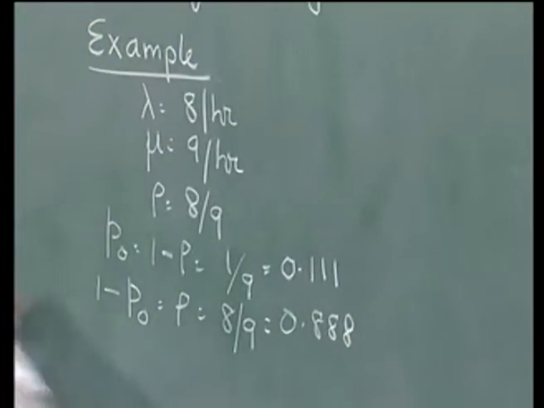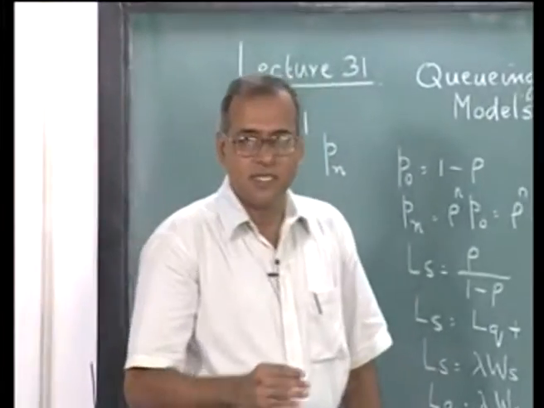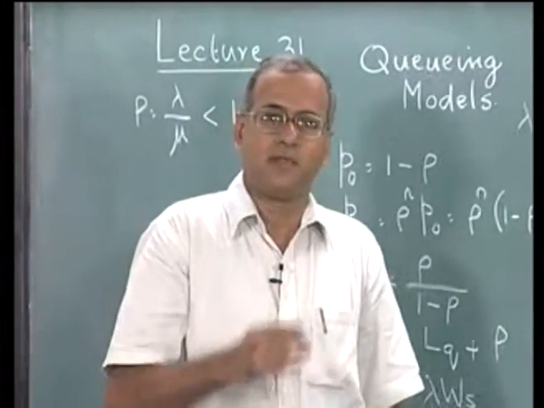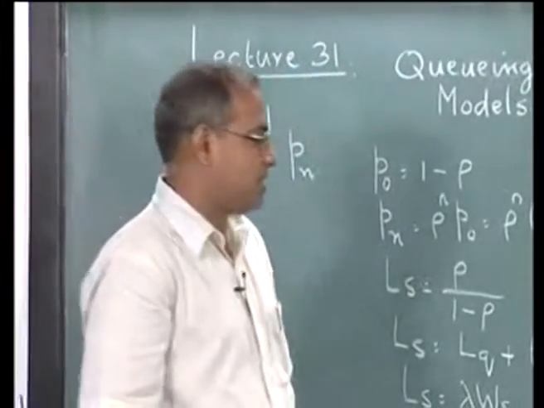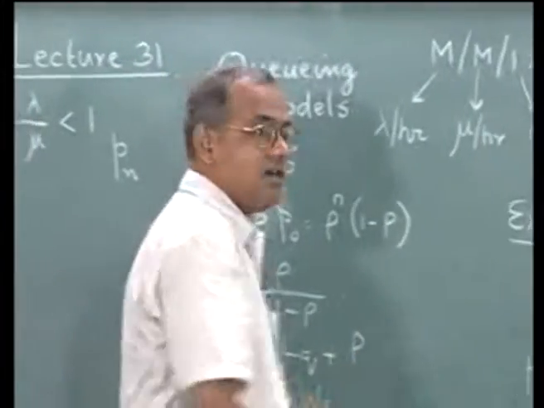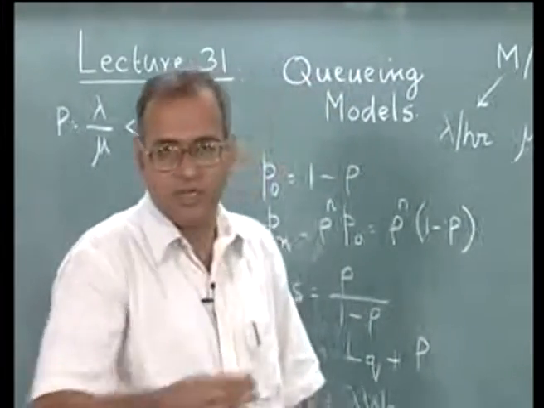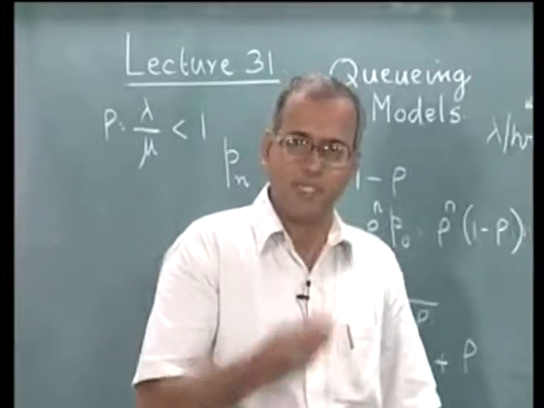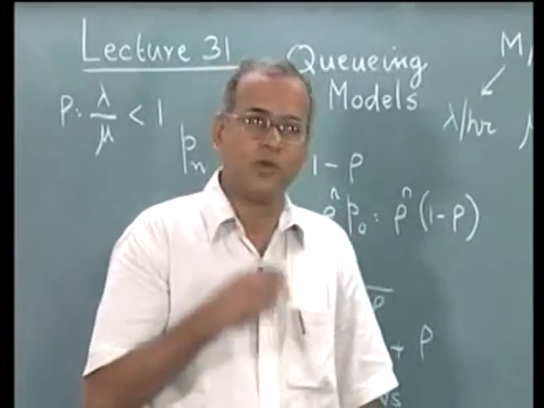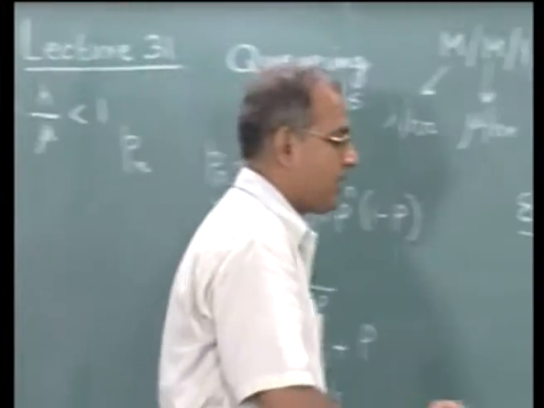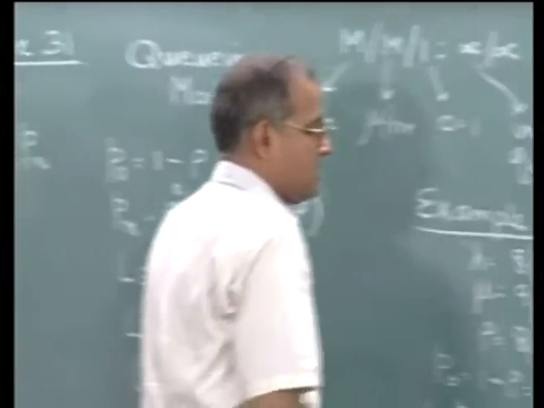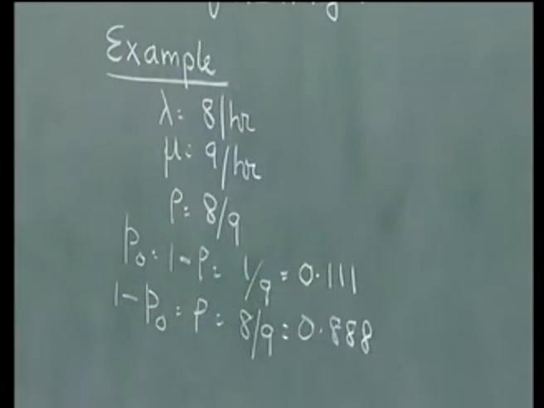This is the probability that there is at least one person in the system, which means this is the probability that the server is not free, or the server is busy, or the server is utilized. So, the probability that the server is utilized is in this example 1 minus P naught, which is 0.888.